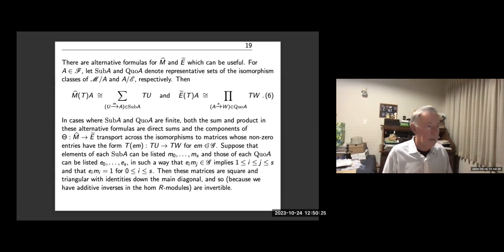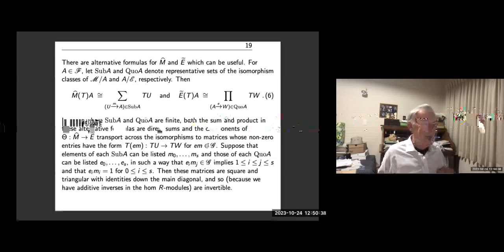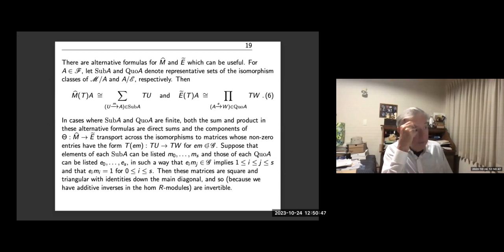So just take a representative set. If you've got a realistic category, it might have inclusions. Originally, Mac Lane tried to axiomatize inclusions rather than a factorization system, but this is the better way to think of sub-objects. And a similar thing for the quotient objects. An E out of A is a quotient, an isomorphism class of E's out of A. So I'm writing sub A and quo A for those two sets.